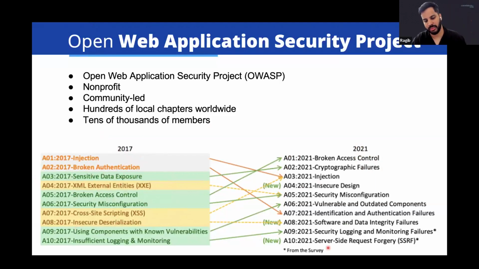Okay, so that's what OWASP is. All right, do we have any questions? Okay, no questions, we move forward.